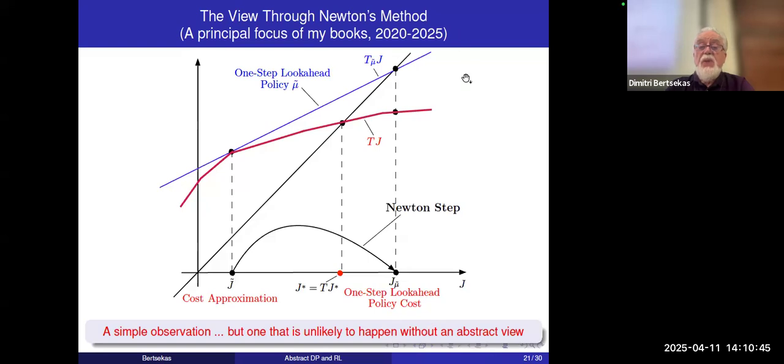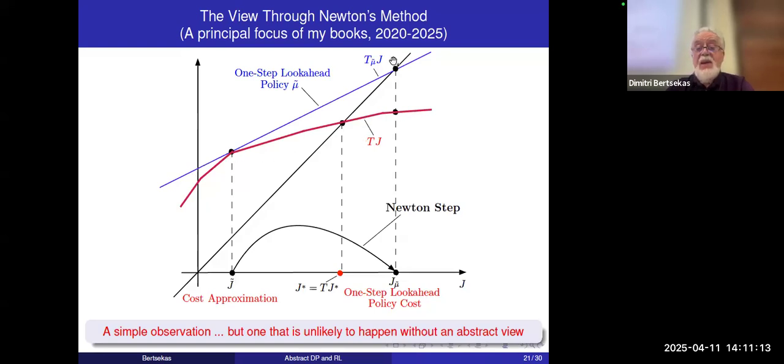So here's the explanation of the Newton step. Remember that we start with a cost approximation, and we want to find the cost function of the one-step look-ahead policy. So how do we find this one-step look-ahead policy? We look at all the lines that intersect this vertical, and we come to the lowest point. This gives you a line that's tangent to the graph of the Bellman operator.